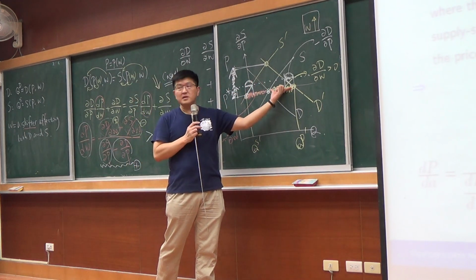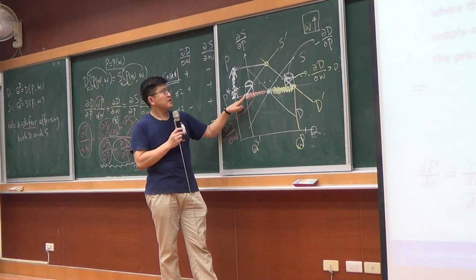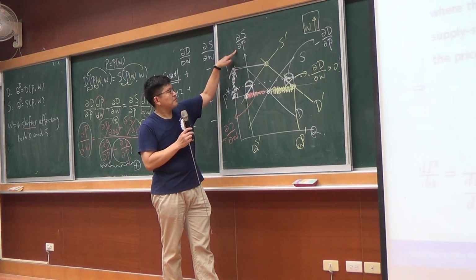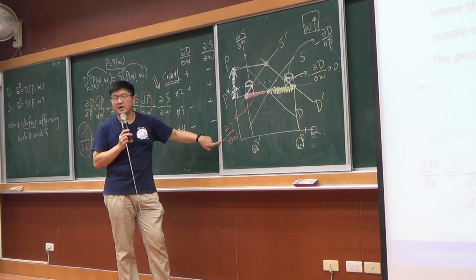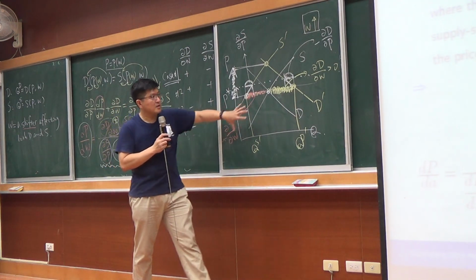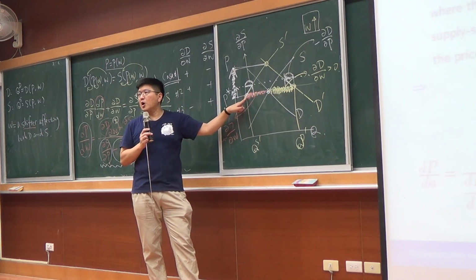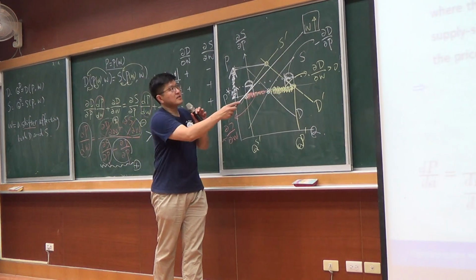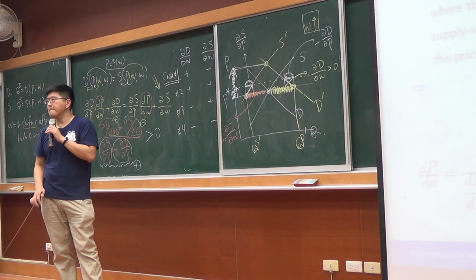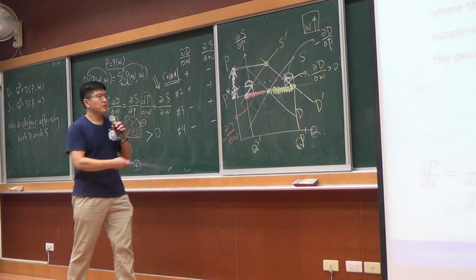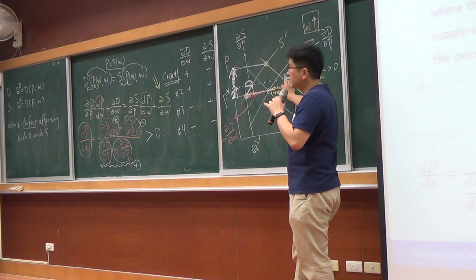And this part is partial D, partial W. This part is partial S, partial W with a negative sign. So we sum these 2 terms up to have the total gap caused by the unit increase in W, the shifter. And we like to know how to erase this gap.